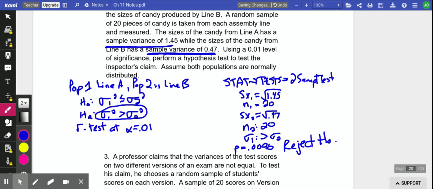We are not done. You have to write your interpretation. So I think I can squeeze that in here.